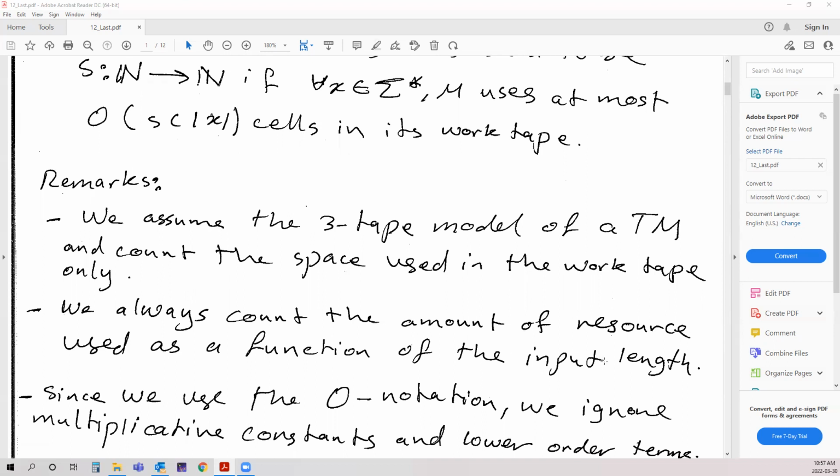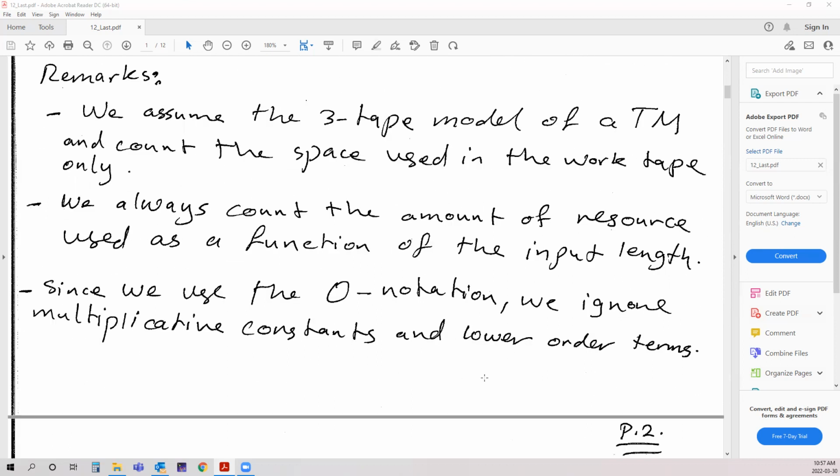Since we use the big O notation, we ignore multiplicative constants and lower order terms. For example, if this algorithm or method took big O of n plus 2n, we will say it's big O of n. And we clarified that before also.